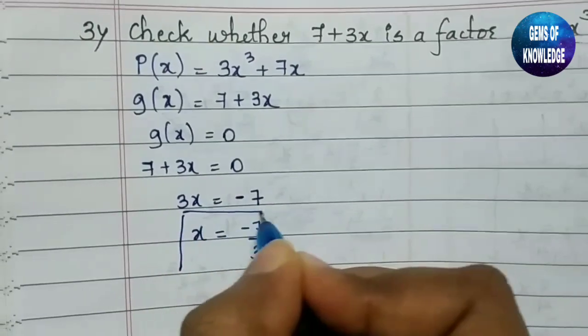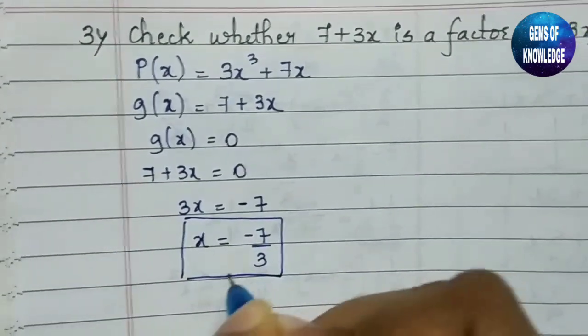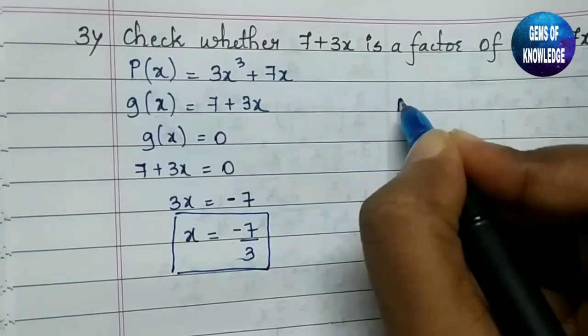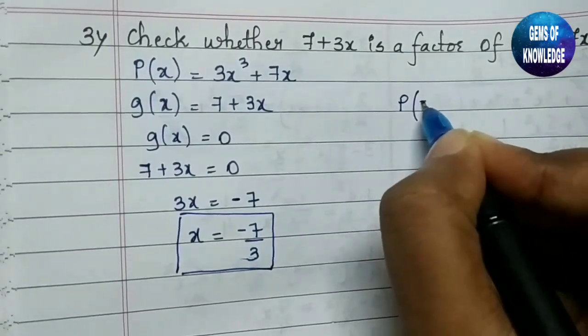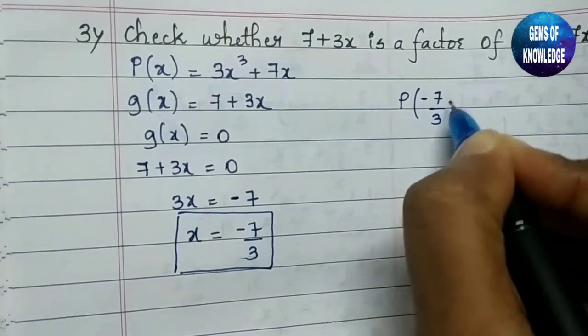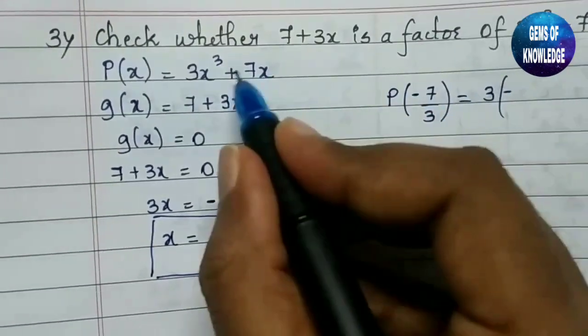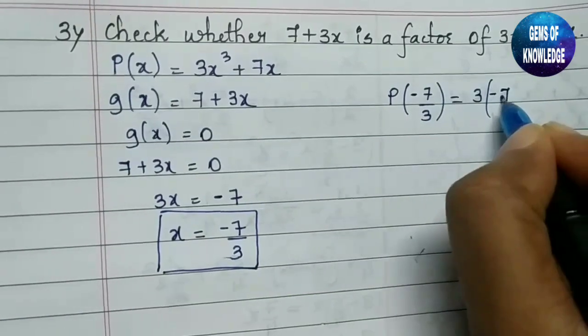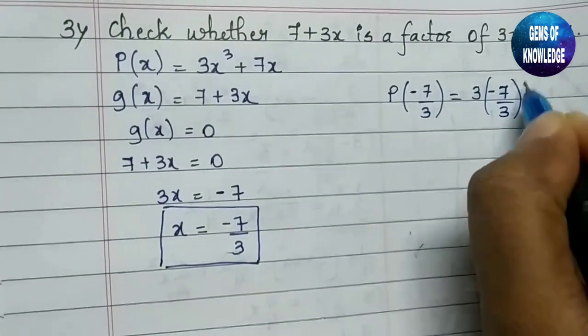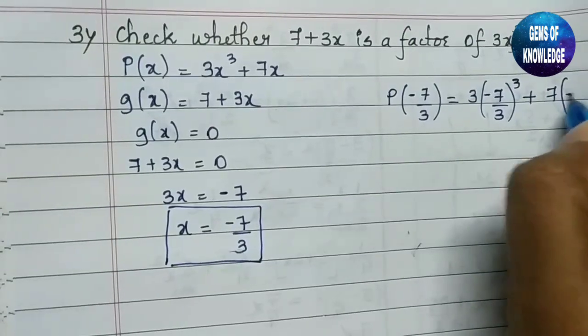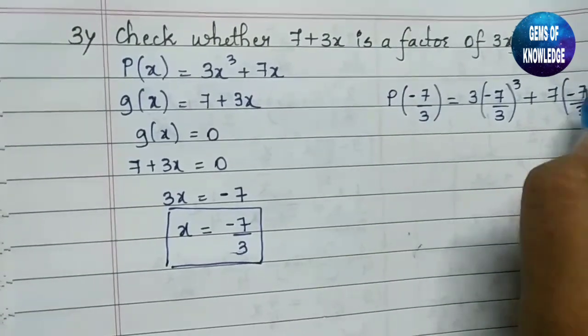So this will be the value of x, which we need to substitute into this p of x. So p of minus 7 by 3, instead of x, equals 3 into minus 7 by 3 whole cube plus 7 into minus 7 by 3.